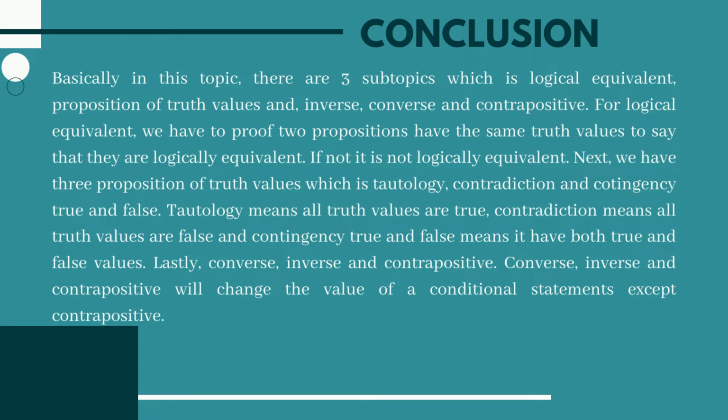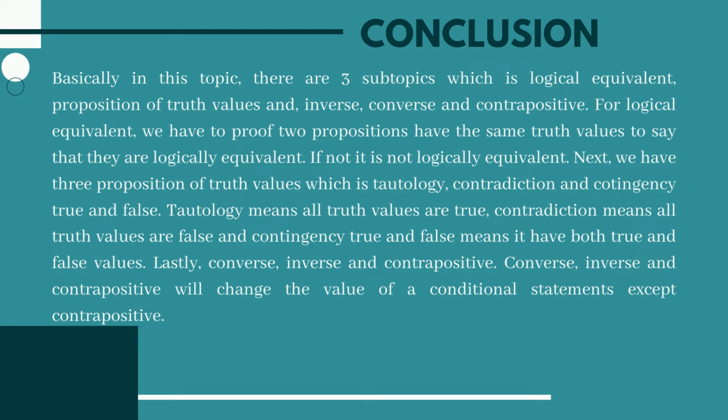Basically, in this topic, there are three subtopics, which are logical equivalence, propositions by truth values, and inverse, converse, and contrapositive. For logical equivalence, we have two propositions. If two propositions have the same truth values, they are logically equivalent. If not, they are not logically equivalent.